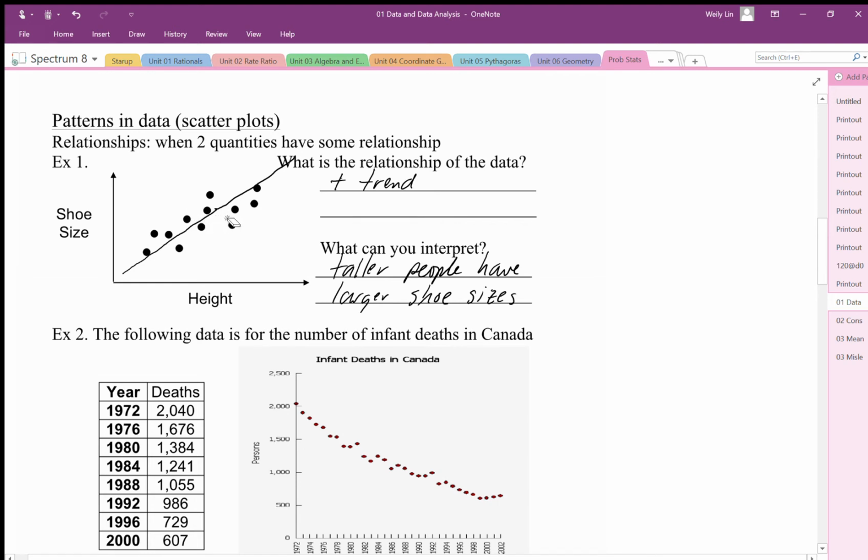So this one is taller, this one's shorter, and this person has a larger shoe size. So that relationship is not always true, but we can say that it is generally true.